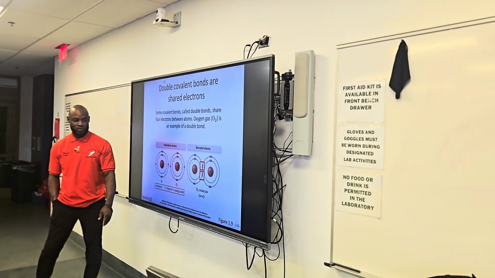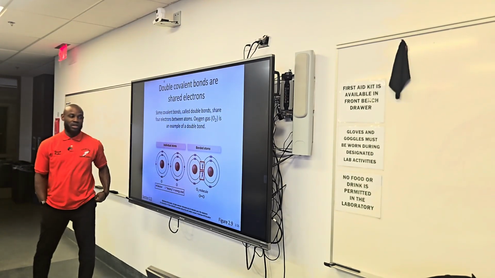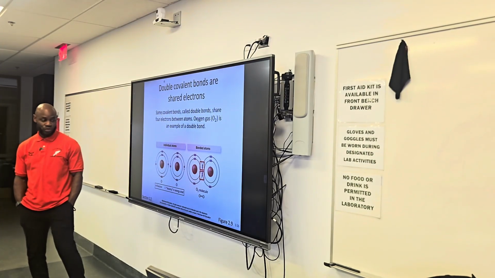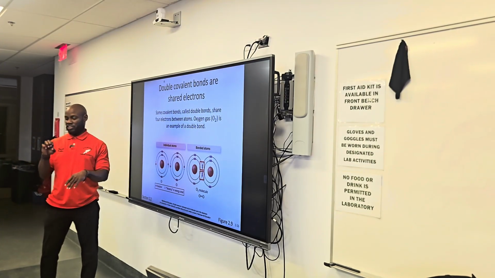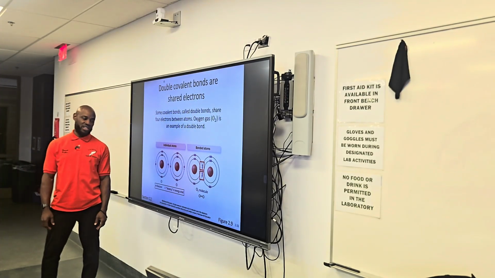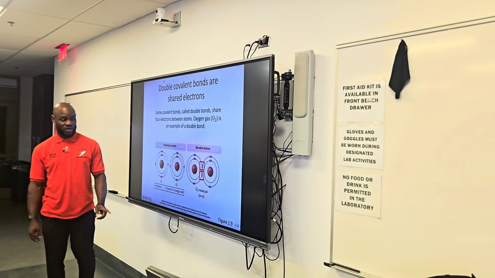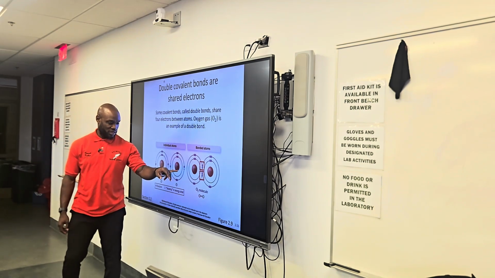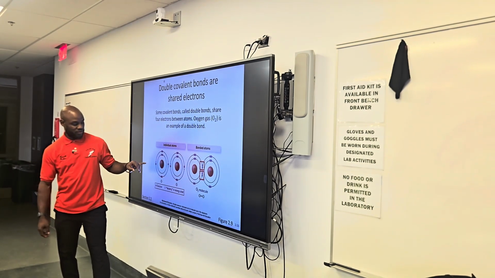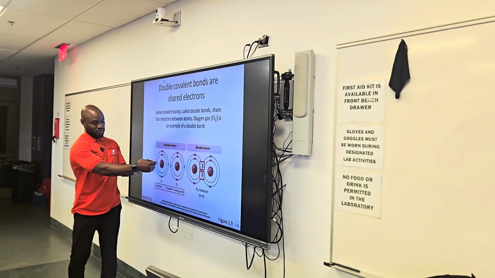All right, you can have double covalent bonds. In the case of oxygen binding to oxygen, right? And this is generally how oxygen floats around in the air. A lot of the oxygen we breathe is actually O2, which is an oxygen bound to another oxygen, and it still floats around.